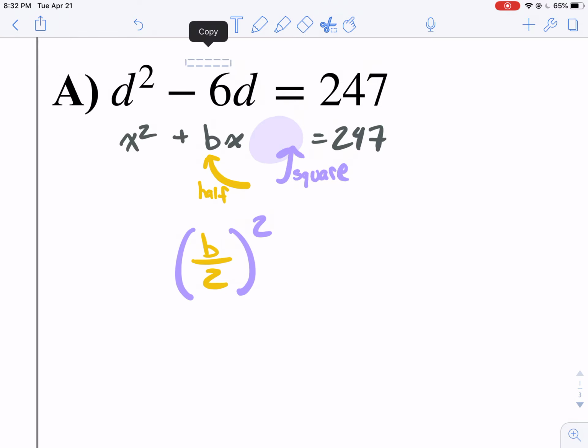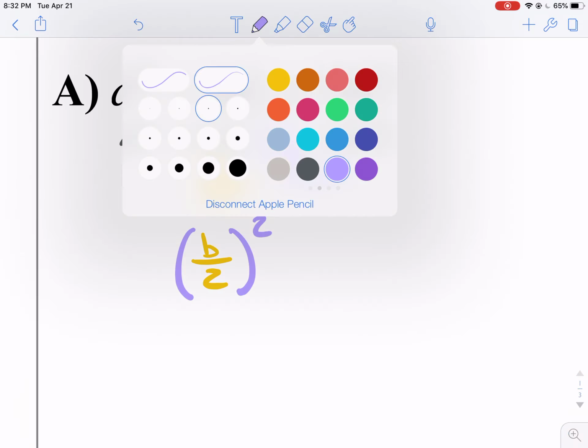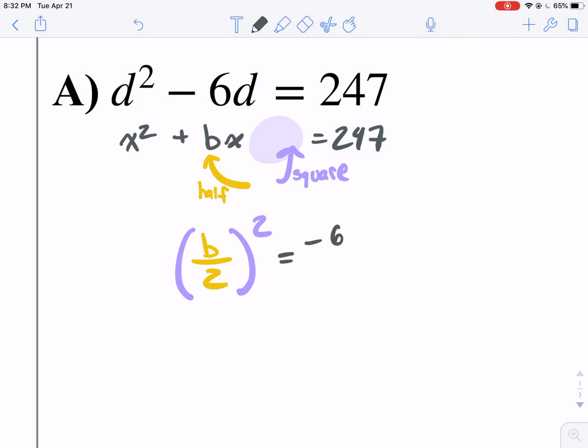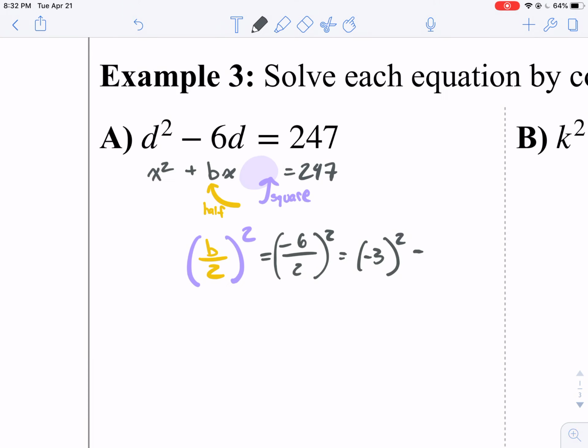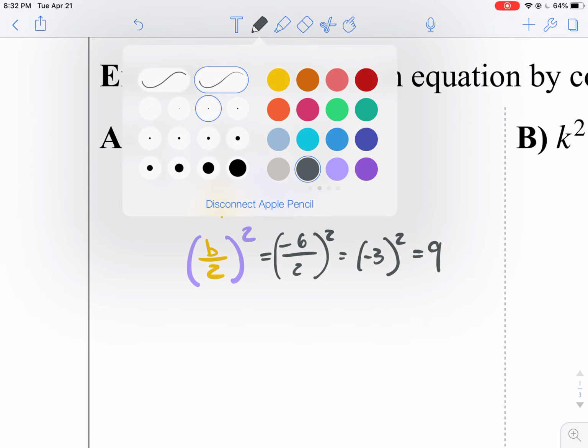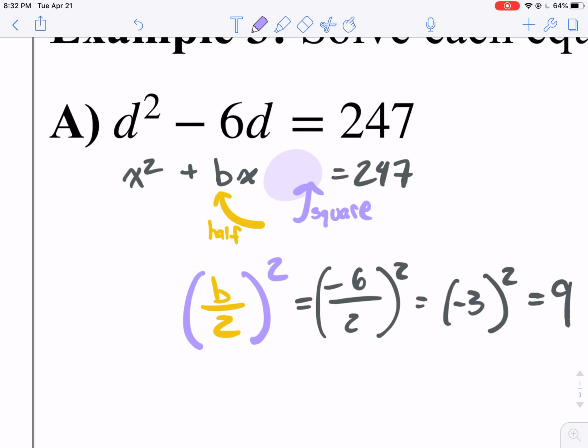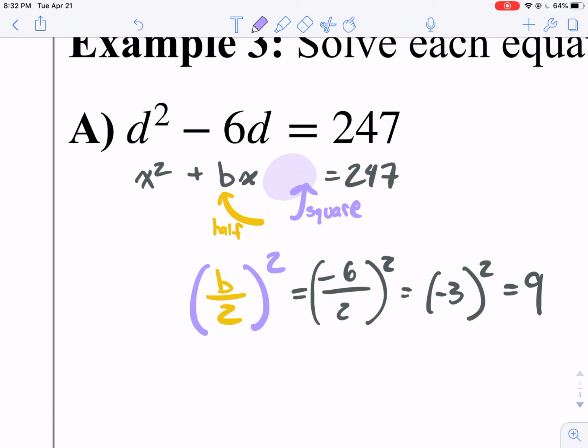Here our b is negative 6, so that's equal to (negative 6 over 2) squared, which is negative 3 squared. Negative 3 squared is 9.